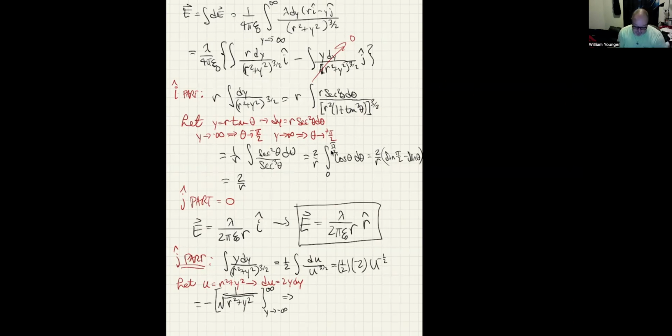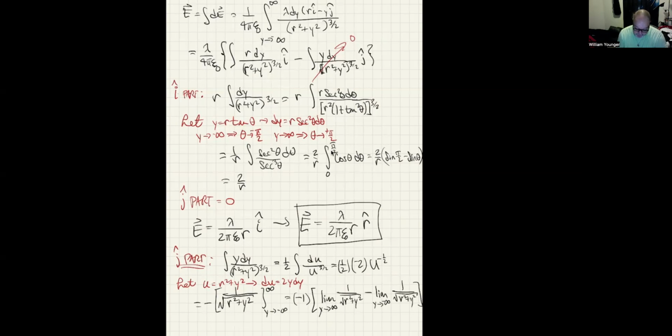So I think you can see the limit as, actually, let's not do implies here. Let's do the actual equals. Okay, so what's going to have to happen is I'm going to have a negative 1 here, and then I'm going to take the limit as y approaches infinity of 1 over square root r squared plus y squared minus the limit as y approaches negative infinity of 1 over the square root of r squared plus y squared.